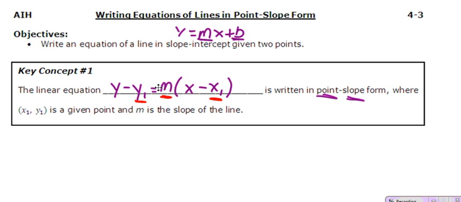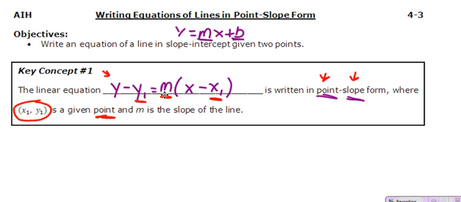So the m is the slope, hence the word slope in point-slope form. And then x1, y1 is an ordered pair or a point. Okay? So if you are given a point and a slope and they ask you to write the equation of the line, you should always use this form, this equation right here.